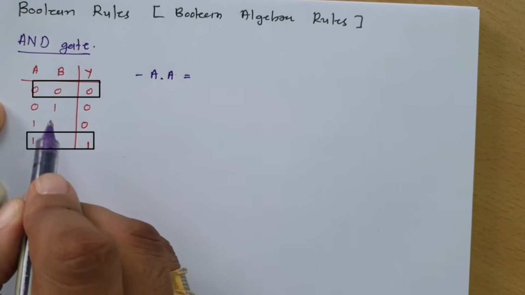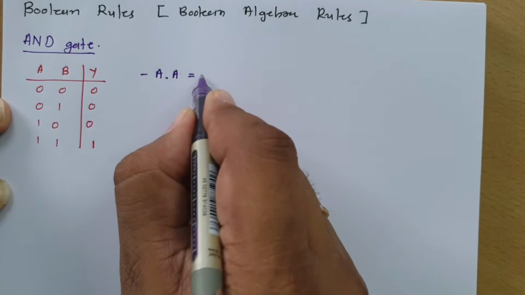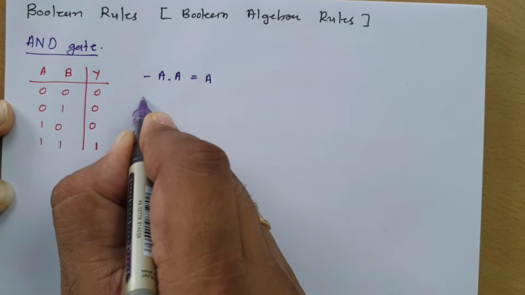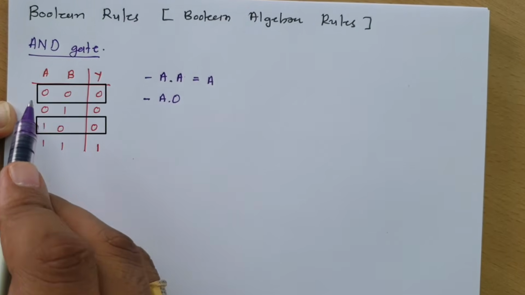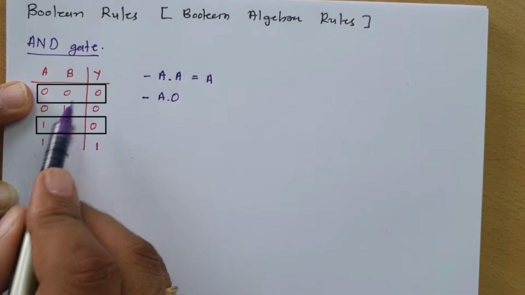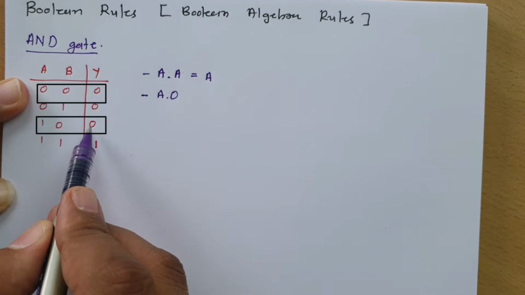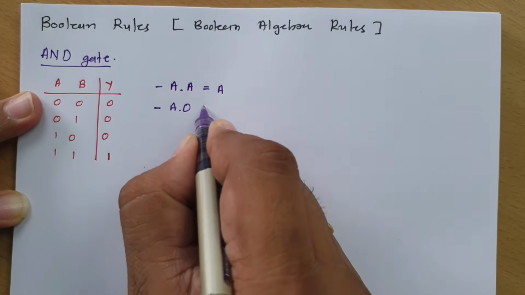If you do ANDing of A with A, that will be A. Now second is A dot 0. When you do A dot 0, 0 dot 0 is 0, and 1 dot 0 is also 0. So A dot 0 is always 0.